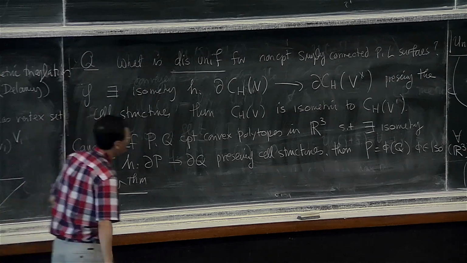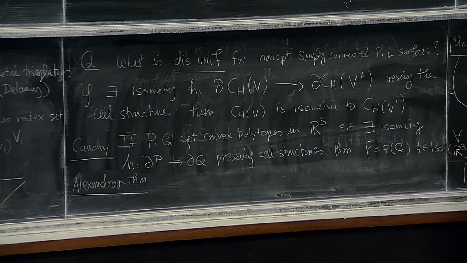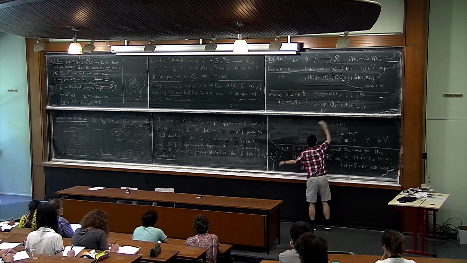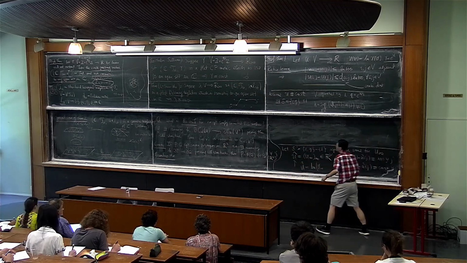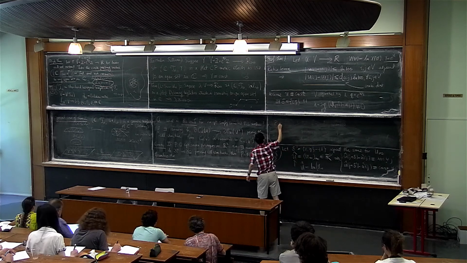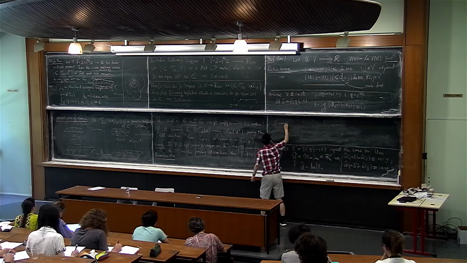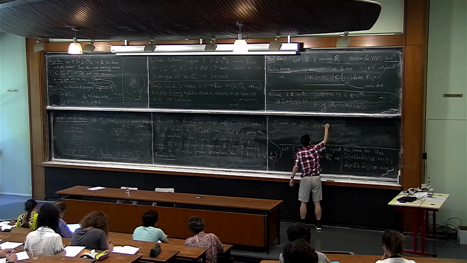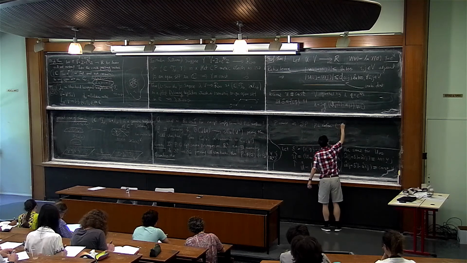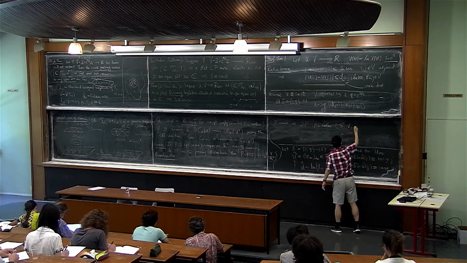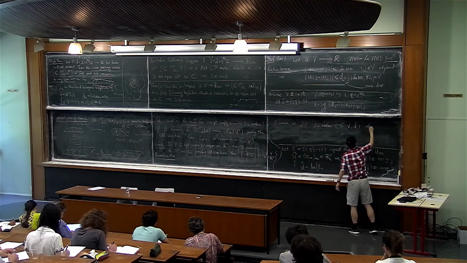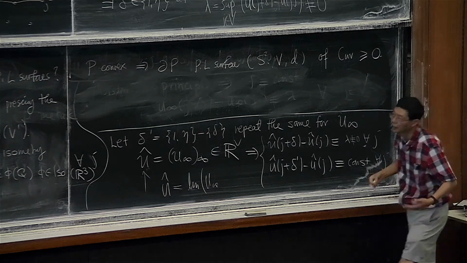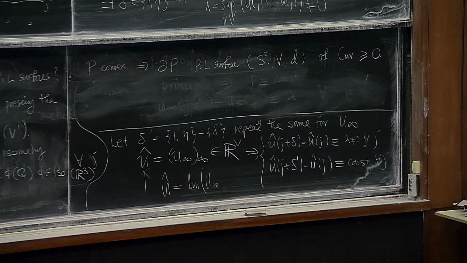If you look at the boundary of a convex polytope, it's going to be a polyhedral surface of positive curvature, as we saw before. So P convex implies the boundary of P is a PL surface on the two-sphere with some vertices and the metric of curvature bigger than or equal to 0. Convexity tells you that. And his theorem says the other way around is true.